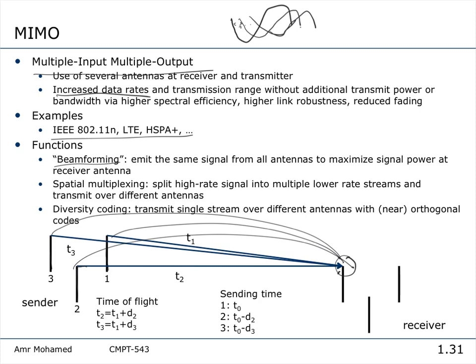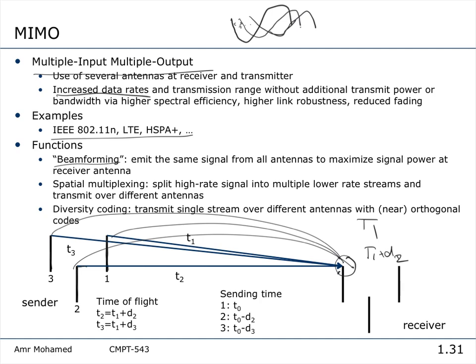Because we know that this antenna, for example antenna 1, if I transfer the signal from antenna 1, this signal will arrive here within a time frame T1, okay? So if I transfer the same signal from antenna 2, the signal will arrive at the same point at time T1 plus D1 or D2, for example.